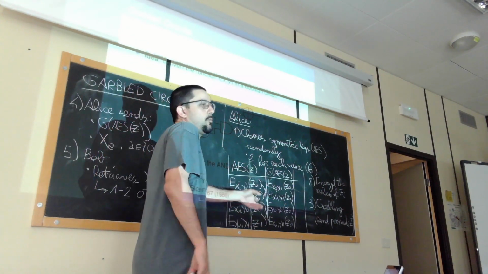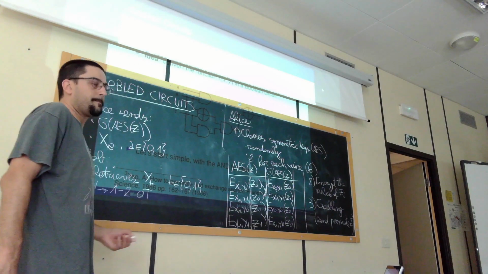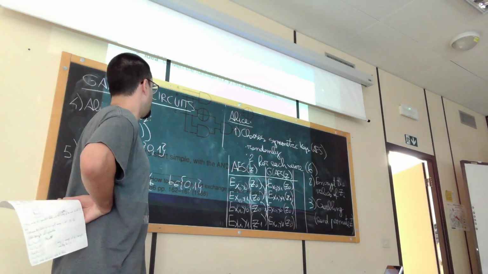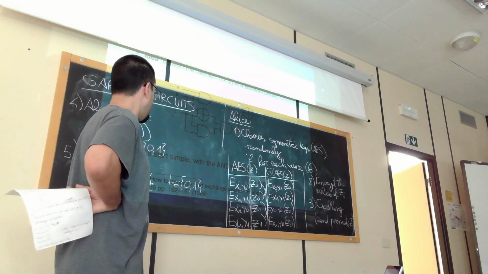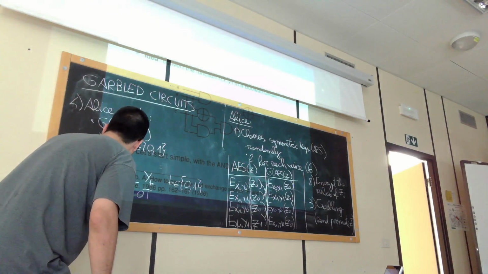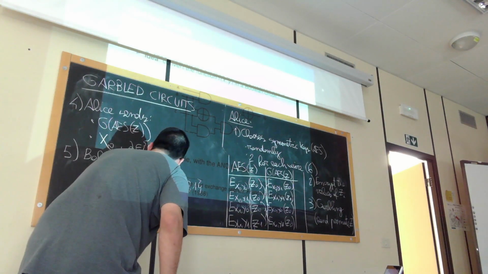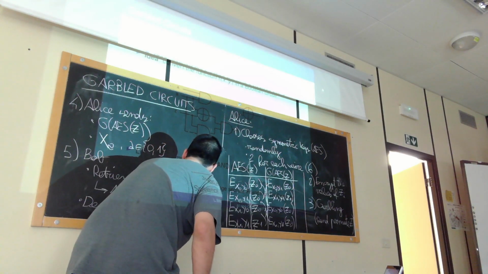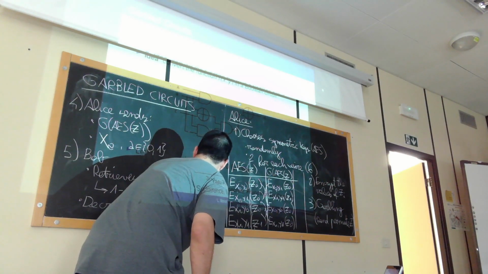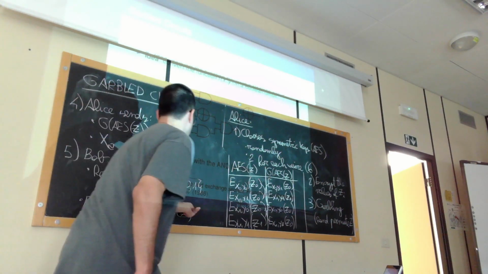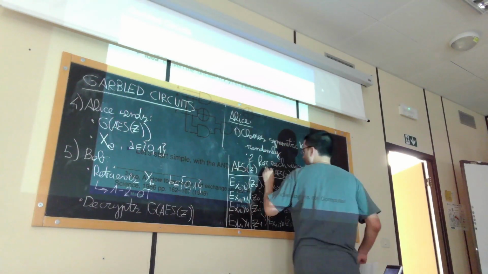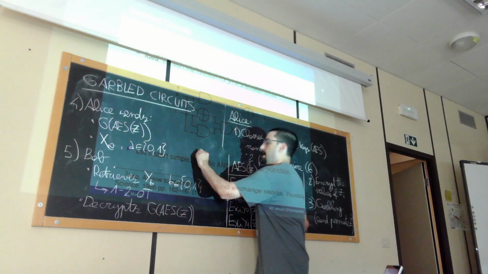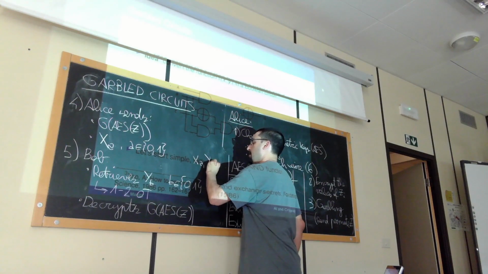And she doesn't know what she is sending in the end because of Oblivious Transfer. So Bob will learn exactly Y of B, the random key to encrypt his own value. And at this point, he decrypts G of AES of Z. What does it mean? It means that he has this column at his disposal, and he knows XA and YB.